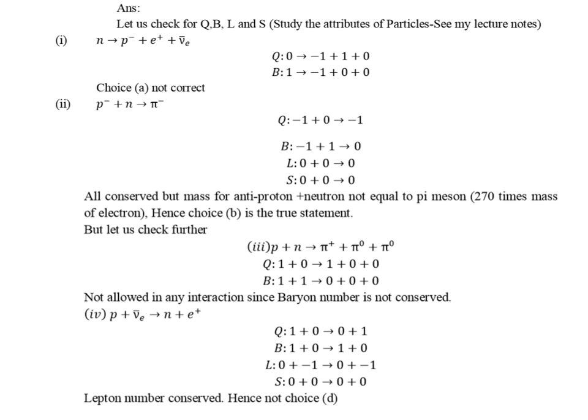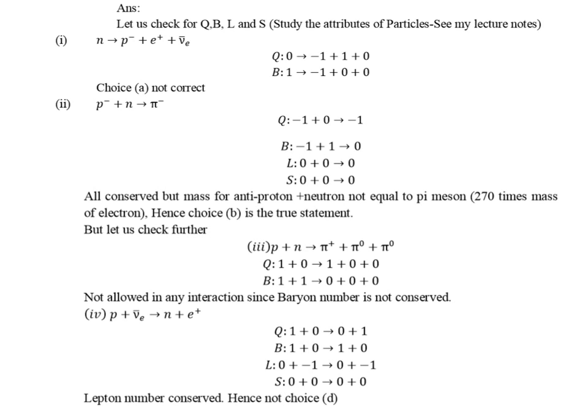Pi mesons have only 270 times the mass of an electron, while a neutron has 1800 times the mass of an electron. Hence, choice B is a true statement. That is, conservation of mass and energy is violated for this reaction.